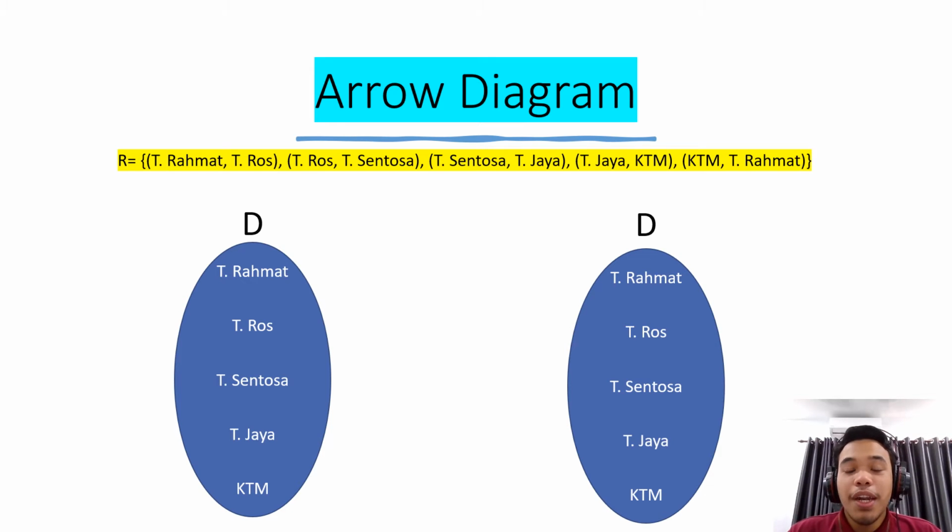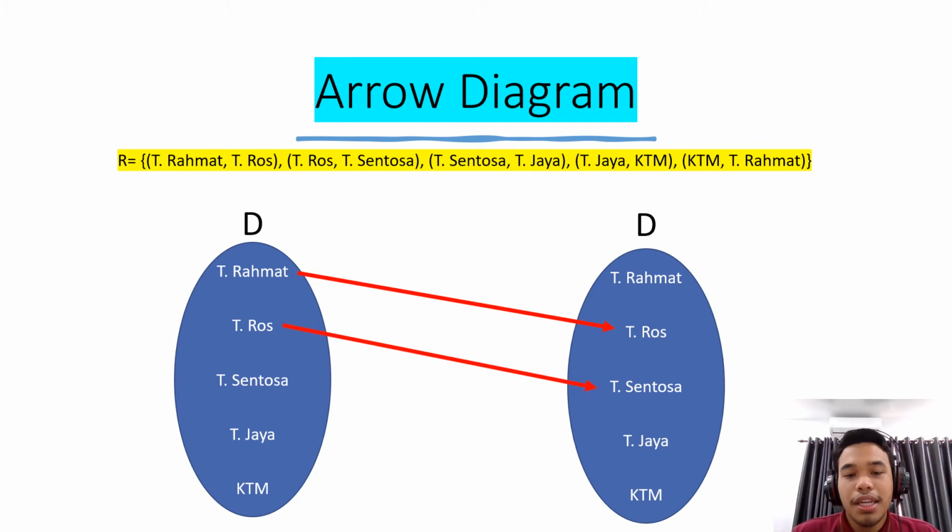We can also make the relation into an arrow diagram. Here we have two sets of D. Let's start with Taman Rahmat. From Taman Rahmat, it will make a transit to Taman Ros. From Taman Ros, it will make a transit to Taman Sentosa.